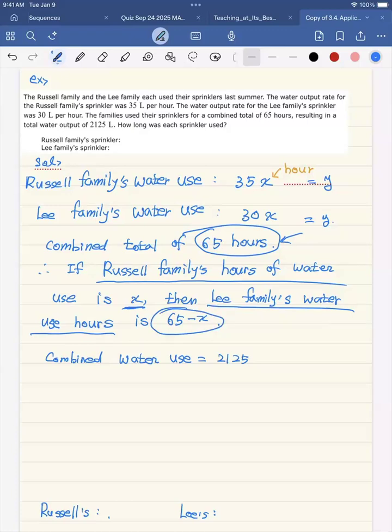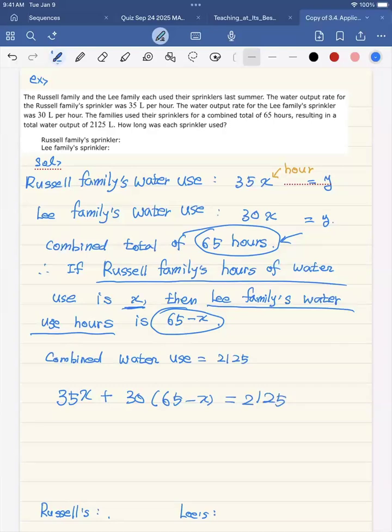They're saying that the combined water use is 2,125 liters. So we write 35x plus 30 times 65 minus x equals 2,125.